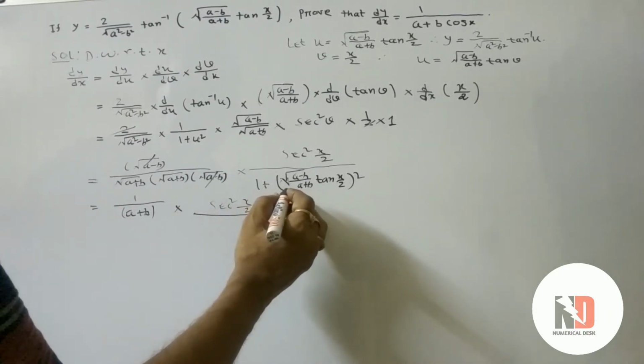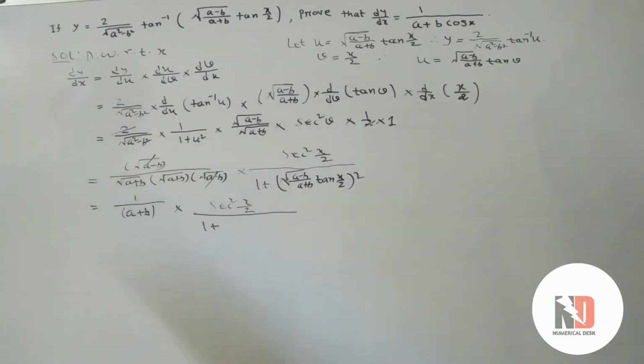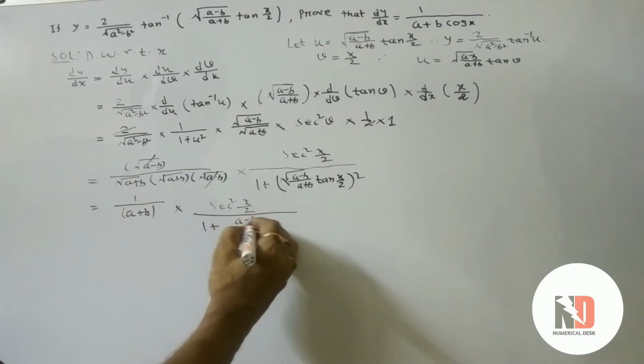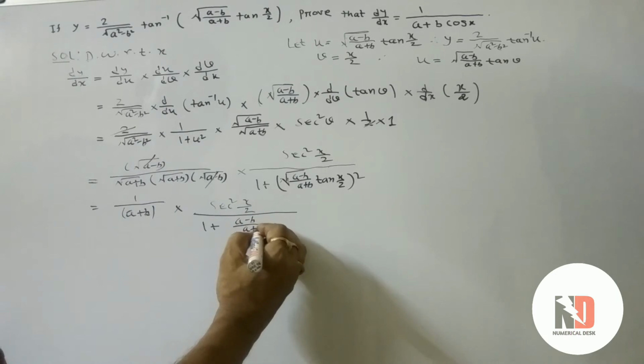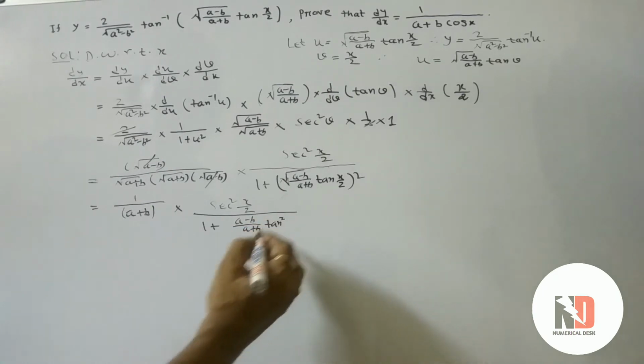And now, just removing the square first, no hurry. So it is tan square x by 2, and the square root is removed.